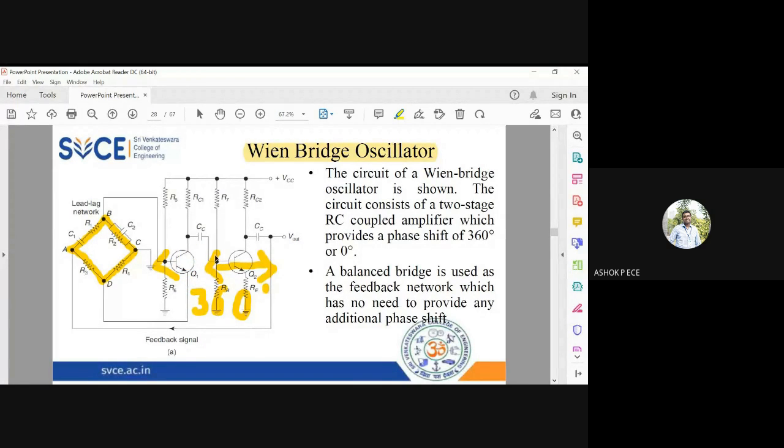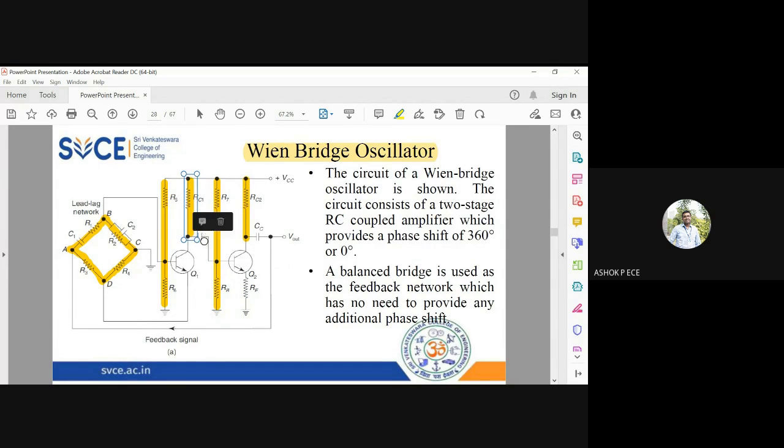It is very simple. I'm going to use voltage divider bias for both the common emitter amplifiers. You can see the resistances R5, R6, R7, R8. These four resistances are going to form voltage divider bias. And RC1 and RC2 are the collector resistances, which act like a load.